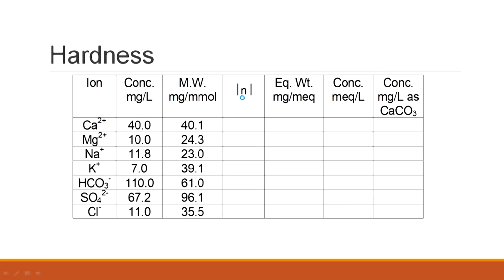Yes. So, hardness here, what do we have? We have the different ions, the given concentration of the water, molecular weight in milligram per millimole or grams per mole, right. And here we have the equivalents, then we will calculate the equivalent weight, and then the concentration in equivalents per liter, and then concentrations as CaCO3, let us say, right.